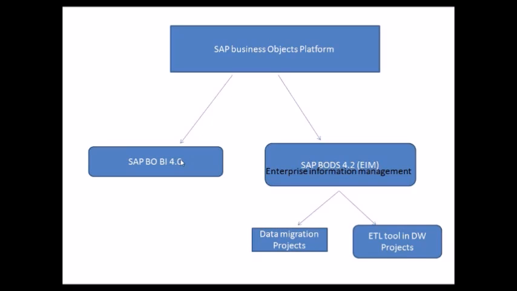The first is the SAP perspective, and the second is the non-SAP perspective, because by using SAP BODS we can extract data from any source, whether it is an SAP product or a non-SAP product. That's why it is divided into two ways. SAP products include SAP BW or SAP ECC, CRM, SRM, and whatever modules exist in the SAP ERP system.